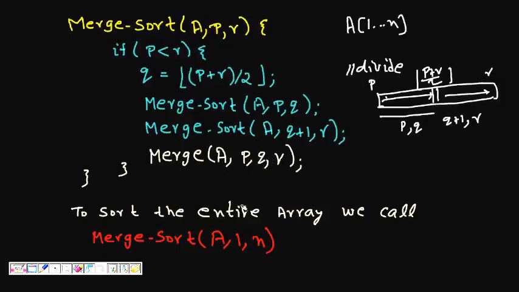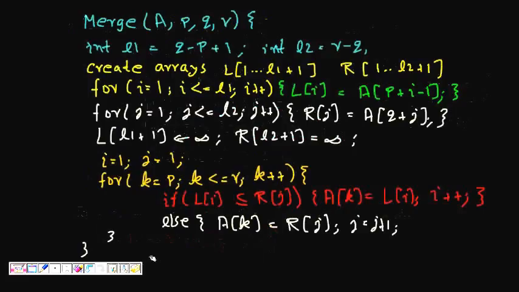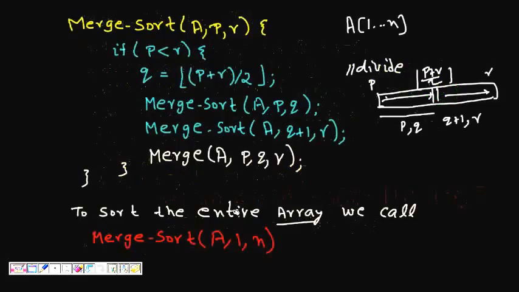And to sort the entire array, we call merge sort A, 1 is the left index and n is the right index. Okay, so let's see. But the thing is, how do we merge two sorted arrays? We sorted this part of the array, we sorted this part of the array, and then we have to combine the left and the right sub arrays.